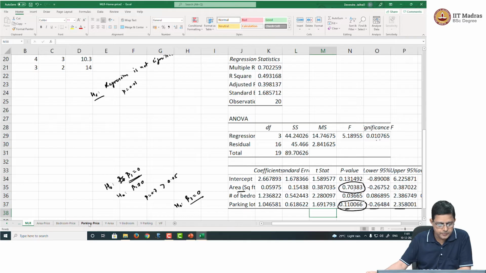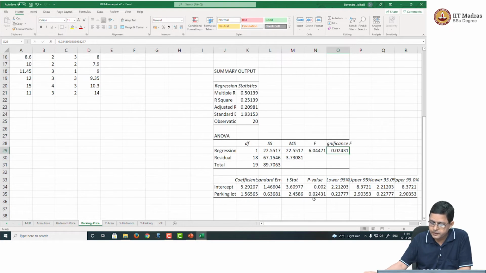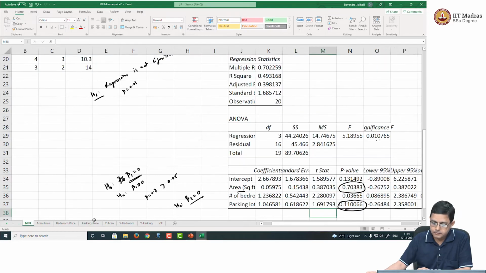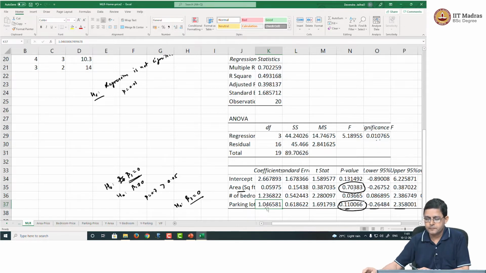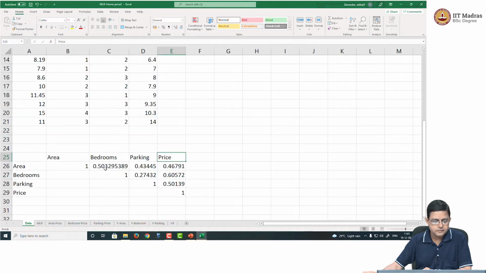Where is my p-value? P-value was 0.02, but in the MLR, parking lot p-value is 0.11, telling me that parking lot beta is not significant. Okay, why did this happen? This happened because of these things.